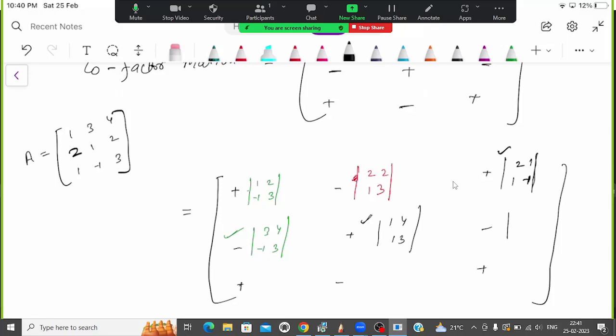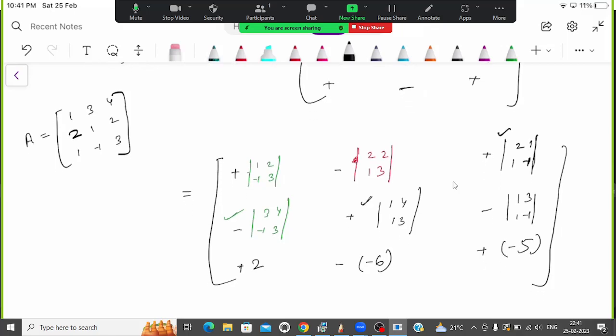So I am just writing all the elements. Okay, so after calculation you will get this.